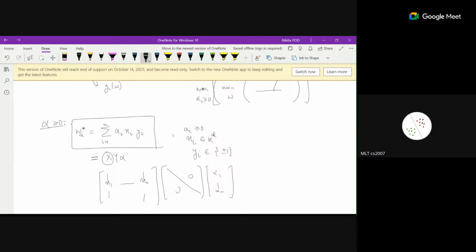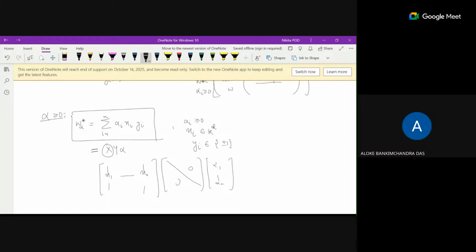Now for this W star, what will be the dimension of X Y alpha? X will be in RD, Y should be N cross N, and alpha is N cross 1. So D cross N, then N cross N, then N cross 1, and overall you get D cross 1.